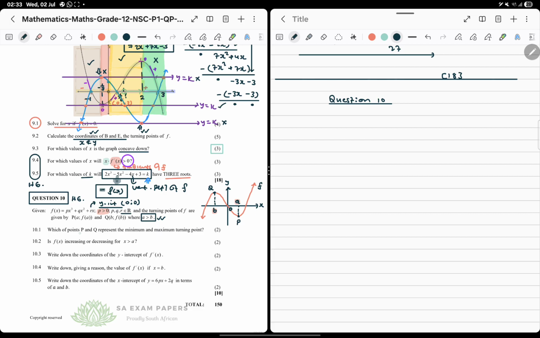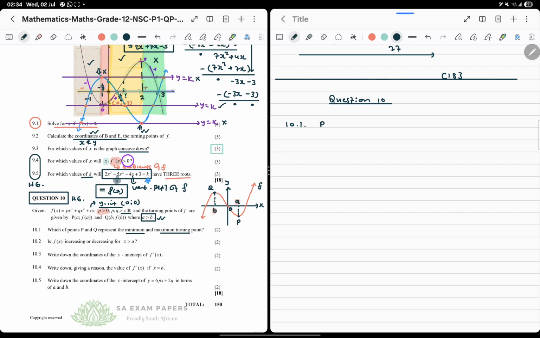Anyway, which points P, Q represents the minimum and the maximum? The maximum is the one with the bigger y value. The minimum is the one with the lesser y value. So we answer these questions. So 10.1.